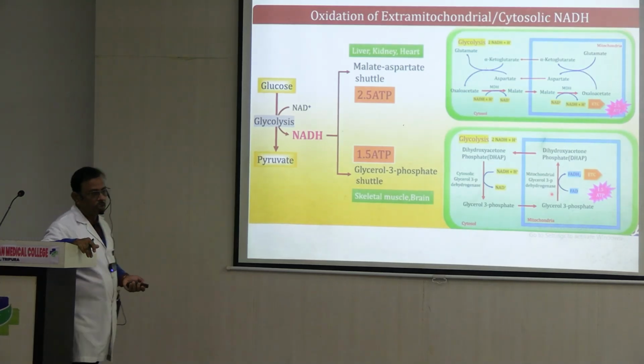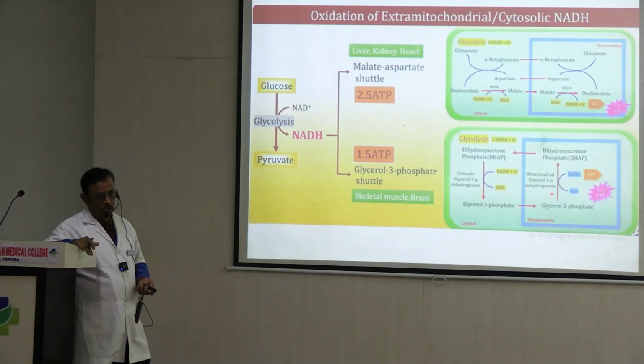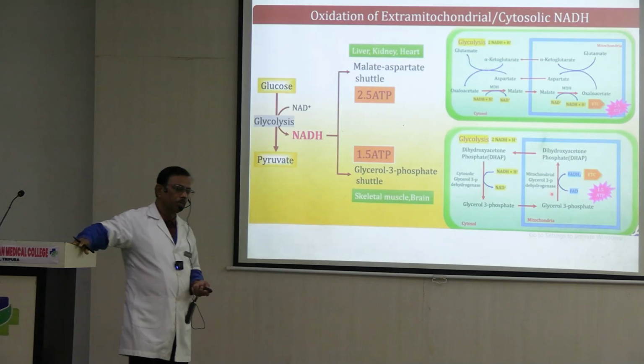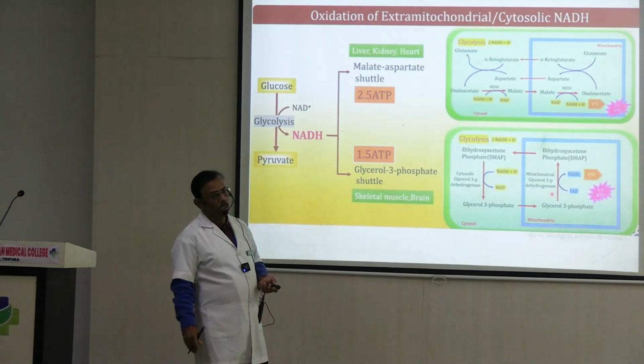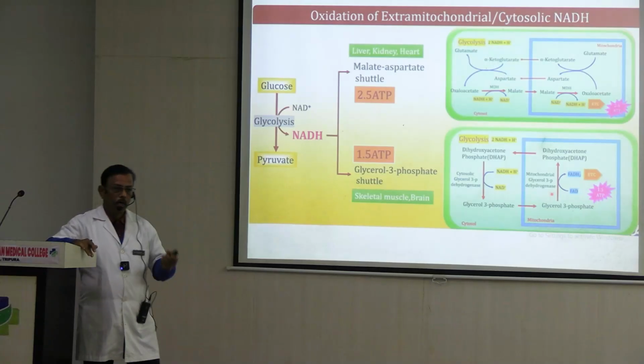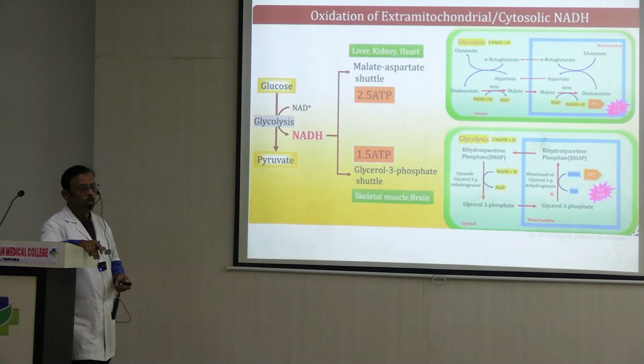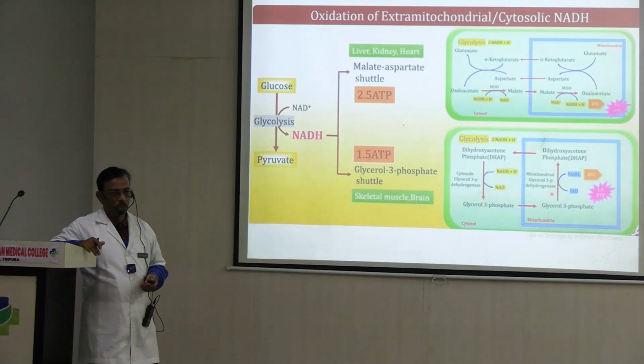Now another shuttle system is the creatine phosphate shuttle system. The ATP that is produced in the mitochondria is incorporated with creatine to form creatine phosphate.